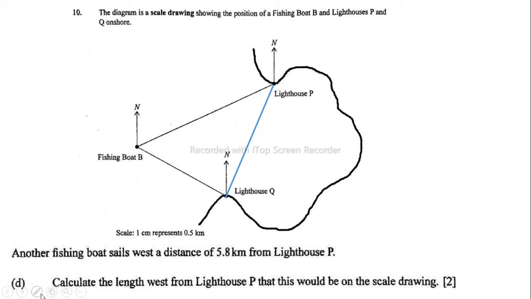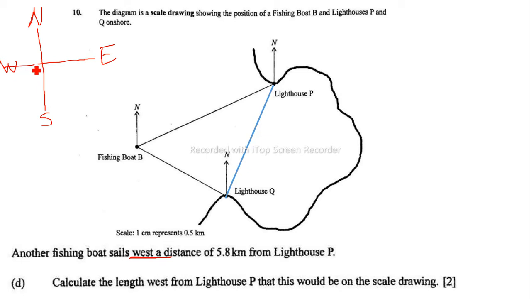So let's take a good look at this. Another fishing boat sails west. We know what west is. Remember, if you look at the compass, it is Never Eat Soggy Weed, so NESW.